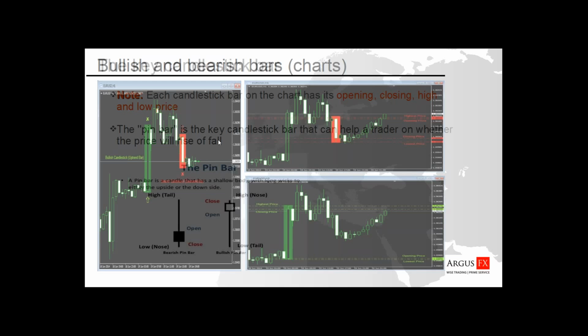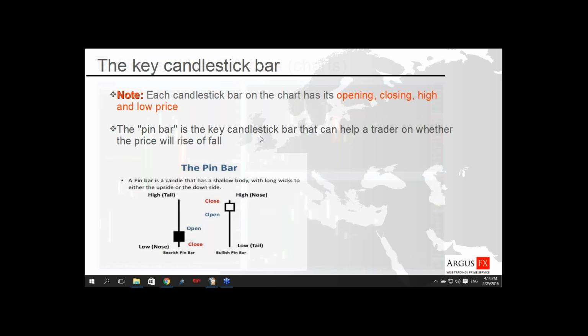Let's see now a very important candlestick bar.